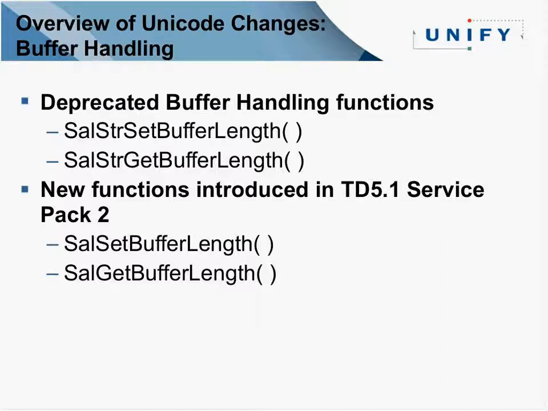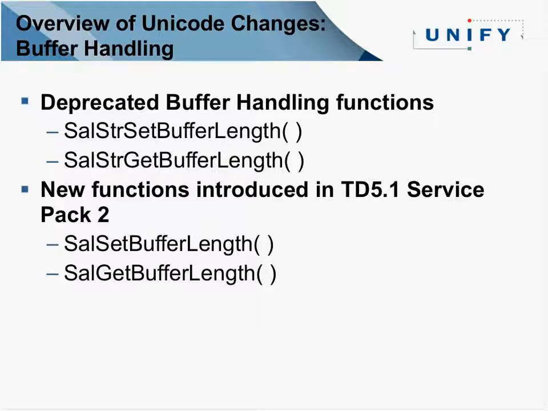Those functions have been deprecated in Team Developer 5.2. You will still be able to use them, but you will receive a compilation error saying that this function has been deprecated. Please replace it with the two new SAL functions, SalSetBufferLength and SalGetBufferLength.